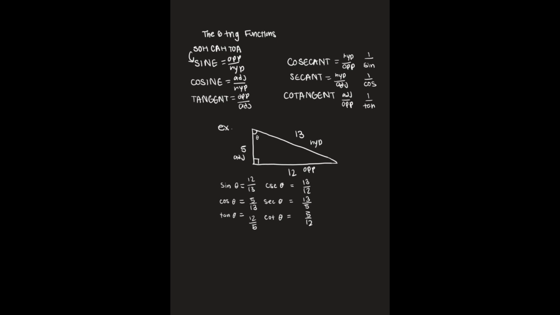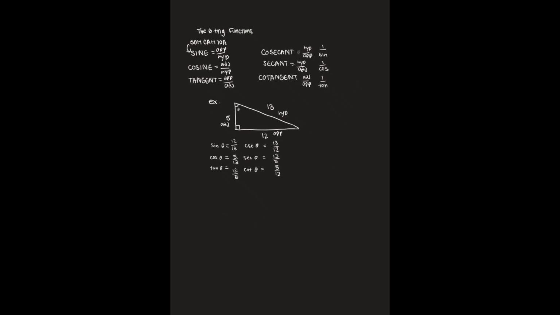So something else I'd like to discuss is signs of trig functions. If you're familiar with this phrase, it's all students take calc. This will help you figure out what sign of the trig function you're looking at. So in quadrant 1, all trig functions are positive.